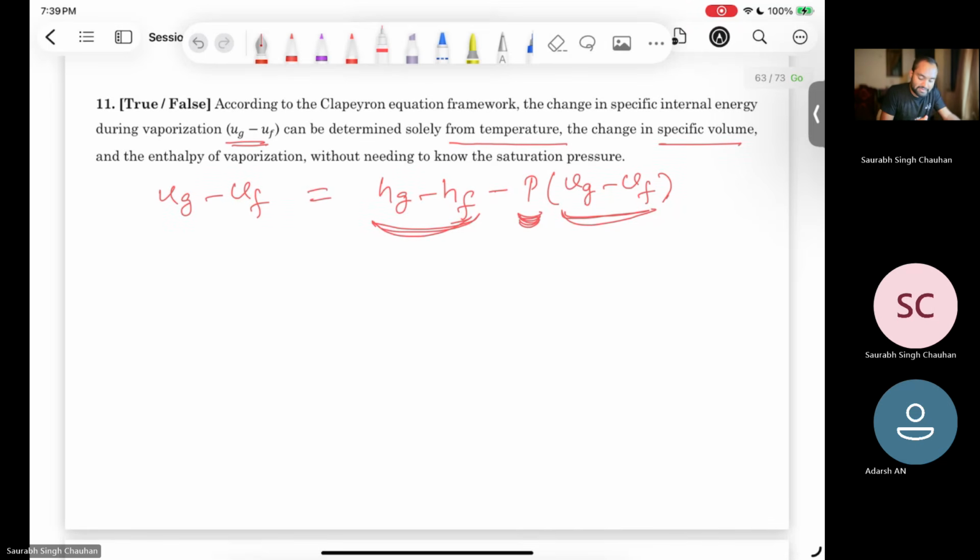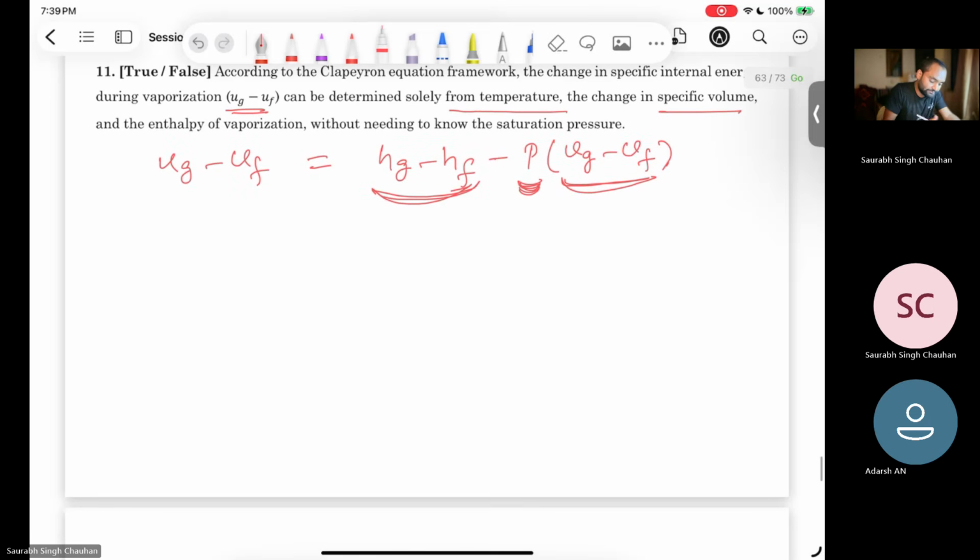But how do we find that saturation pressure? We know that saturation pressure is fixed at a fixed temperature, but again we need to check the property tables. So in some sense we need to know the saturation pressure from the property tables, or we can calculate it somehow if we had some value at a reference point.